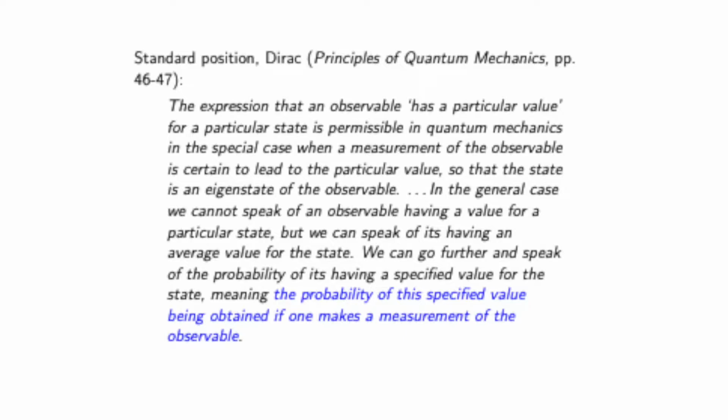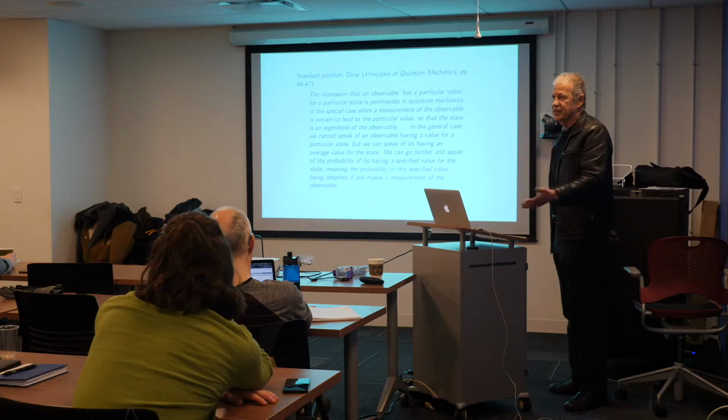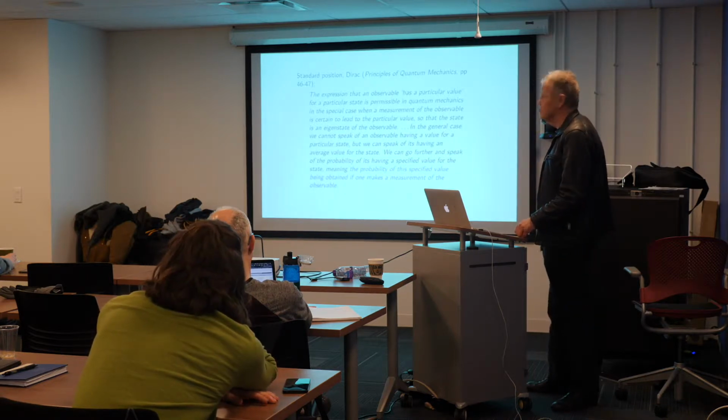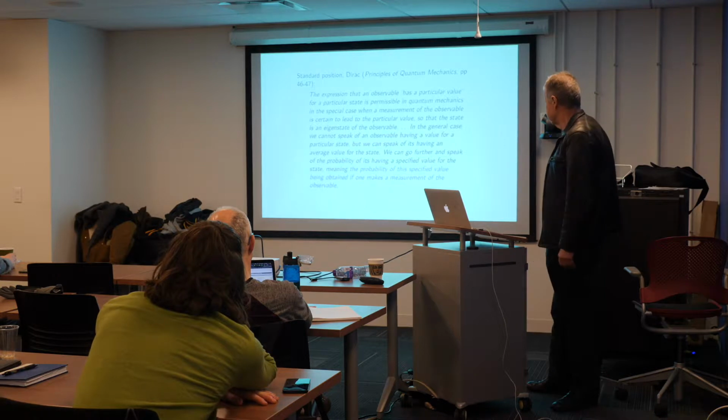In the general case, we cannot speak of an observable having a value for a particular state, but we can speak of its having an average value, and we can go further and speak of the probability of its having a specified value for the state, meaning, and here's the crucial point, the probability of this specified value being obtained if one makes a measurement of the observable. And that's the way these sui generis probabilities are understood.